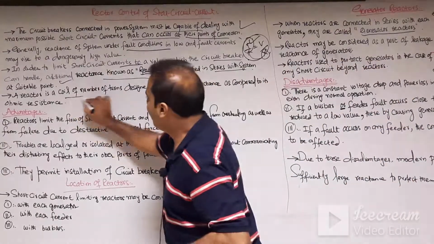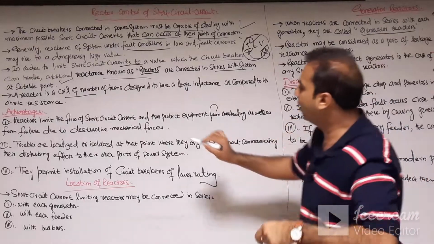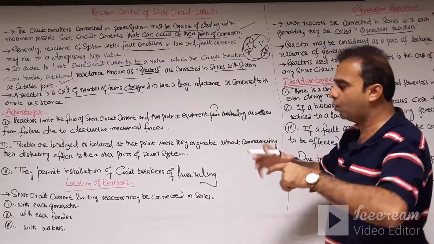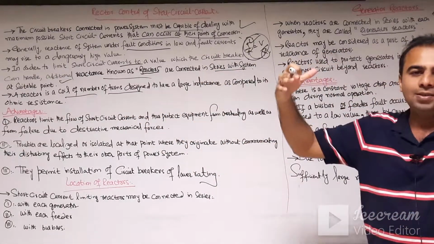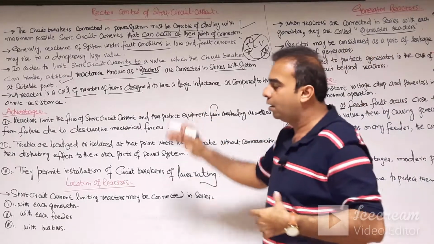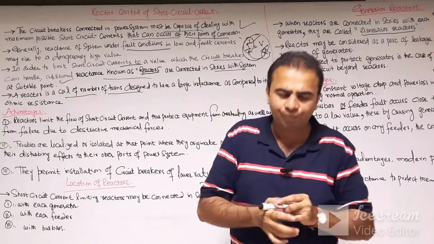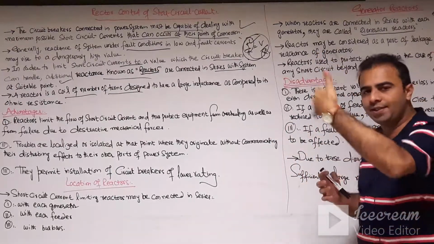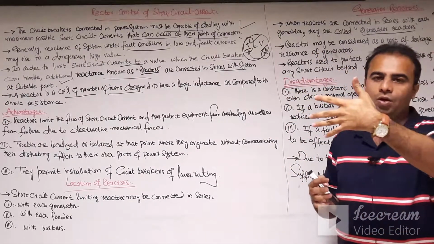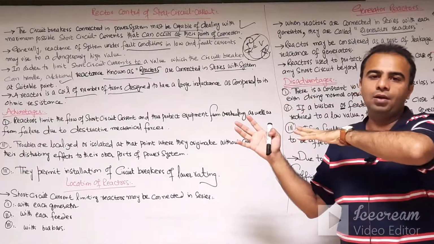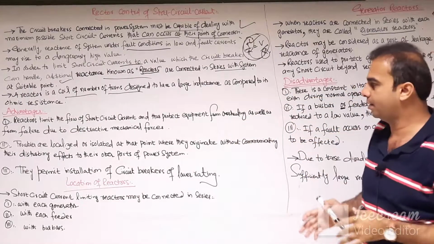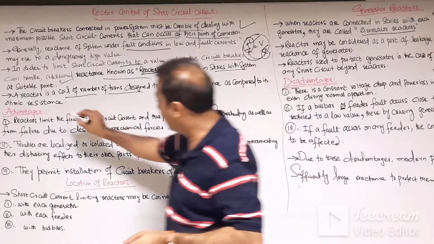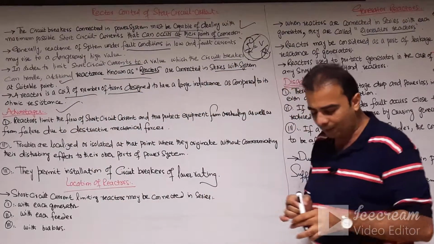Now a reactor is a coil having a number of turns of wire, designed to have a large inductance in comparison to its ohmic resistance.